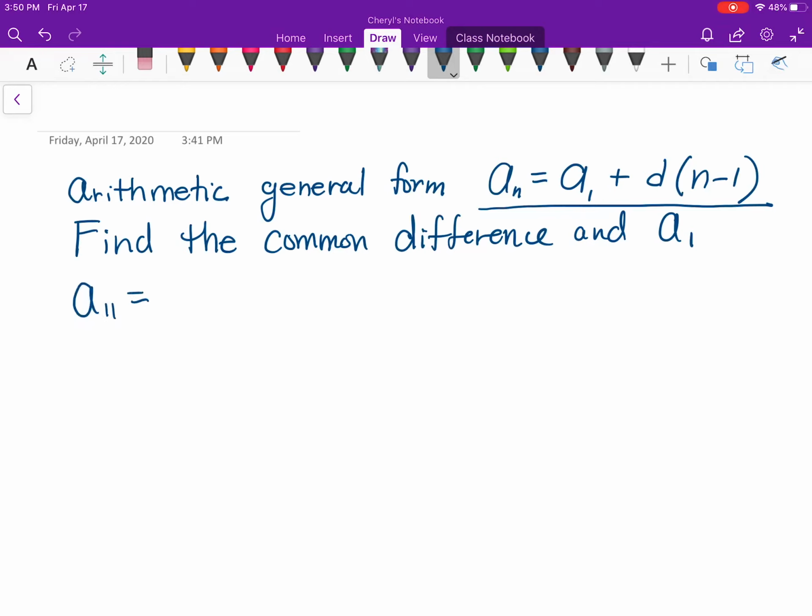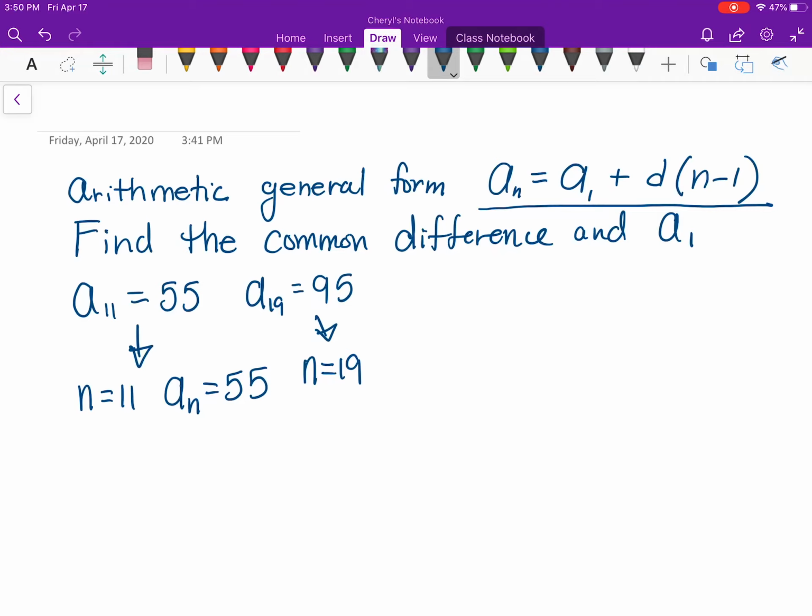And the two terms that are given, let's say the 11th term is 55, and let's say that the 19th term is 95. What this tells me is that when n is 11, an is 55.